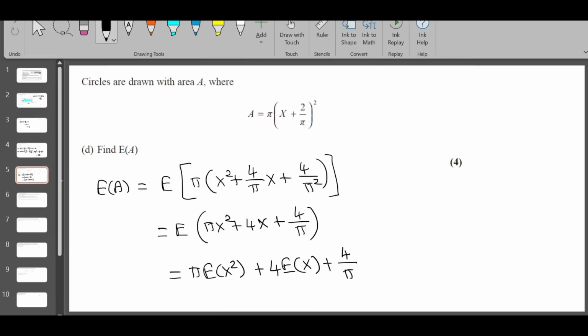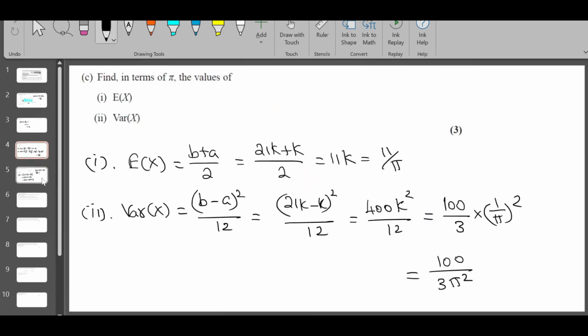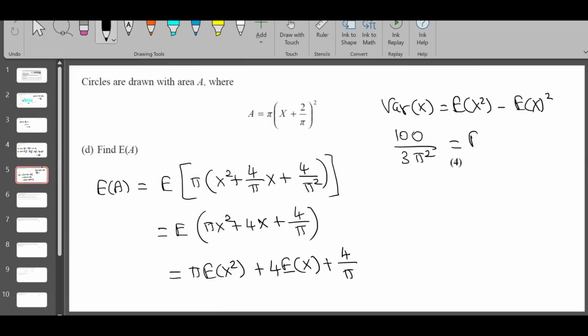So we're going to find E of x square first. We know variance of x is E of x square minus E of x whole square. We got variance of x as 100 over 3 pi square, right? And E of x is 11 over pi. So E of x square minus 11 over pi whole square. Make E of x square the subject.